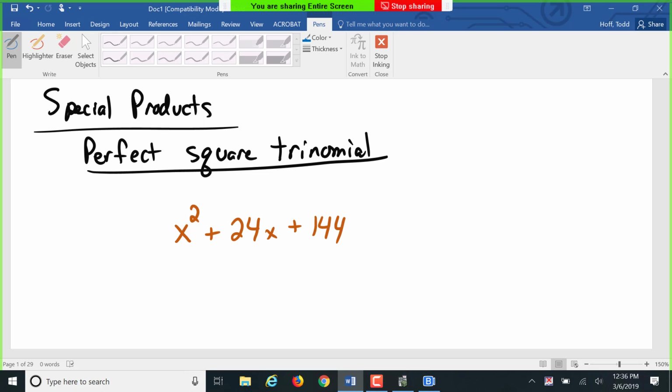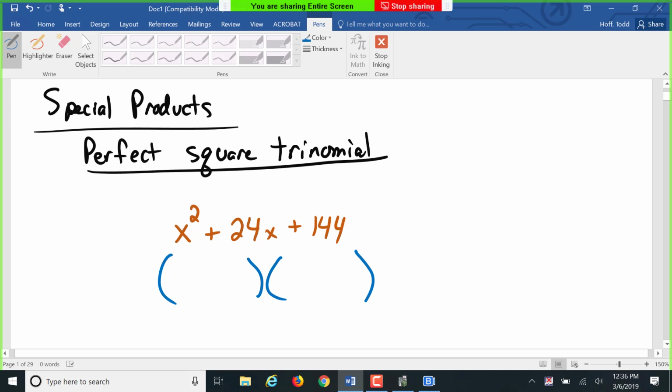Well, I know 12 times 12 is 144, and 12 and 12 gives 24. Okay. So you factored it, and you came up with the same two factors. And that is a perfectly good way of doing it. We know that this is x and x to make x squared. To make 144, we might try 12 and 12.